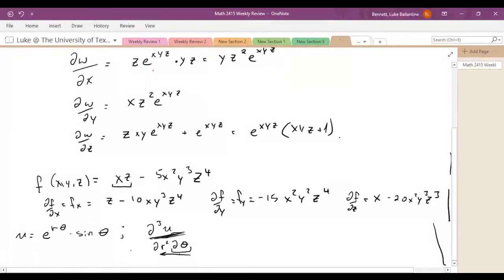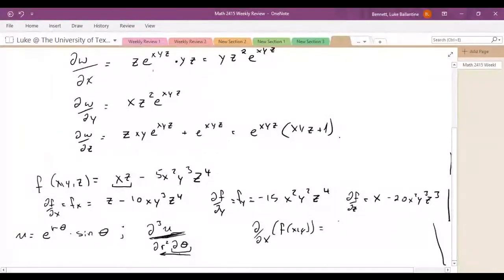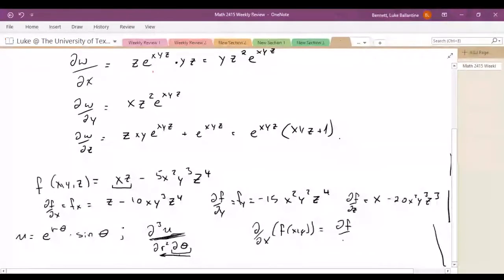You always read it from right to left with these partials because, say a function f is a function of x, y, and let's say we first take the partial with respect to x of f of x, y. So this would be the partial of f with respect to x comma y.